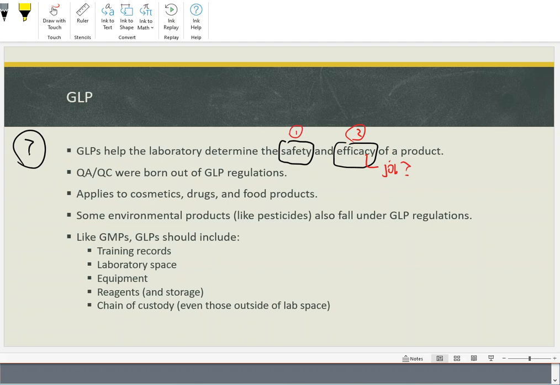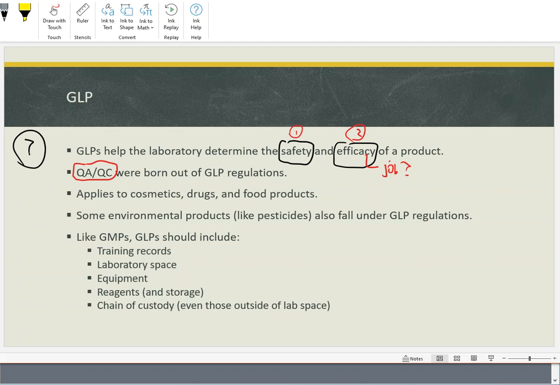Now, I want you to keep in mind that when these GLPs were recommended and regulations were built around them, this helped companies, whatever industry we're working in, to give birth to the QA and QC departments, quality assurance and quality control, because that's what the purpose of QA and QC is all about, right?